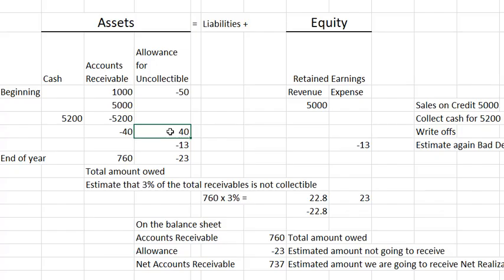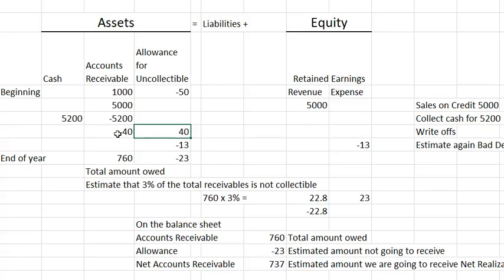And when that happens, it's kind of like our estimate came true. And so we take it out of that estimate, meaning we increase, if you will, or make it closer to zero, the allowance.